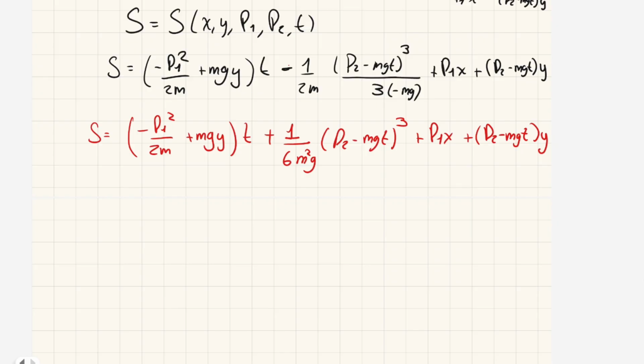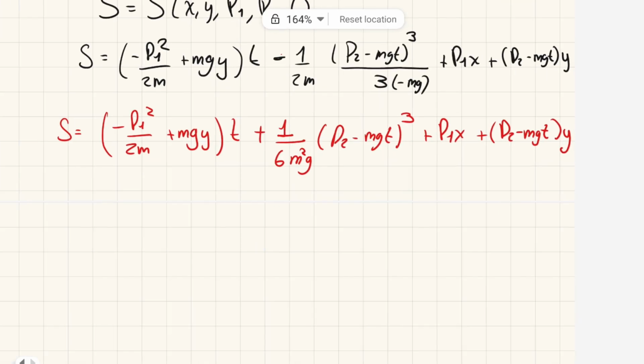Okay, perfect. So for this example, this will be the solution to the Hamilton-Jacobi equation.